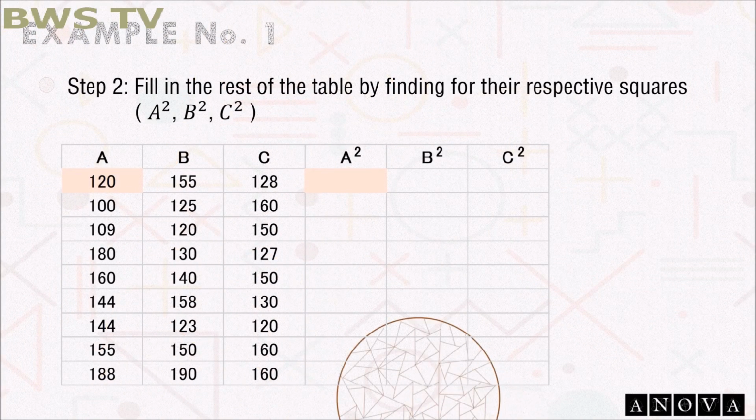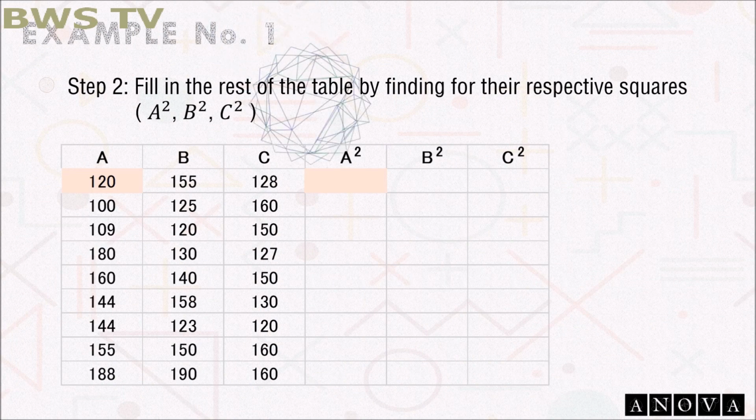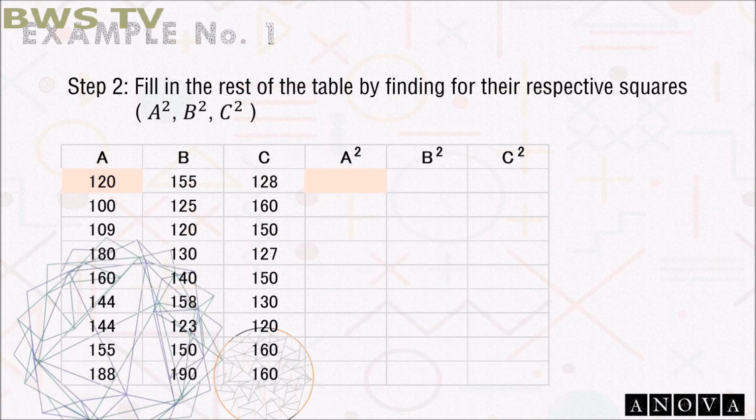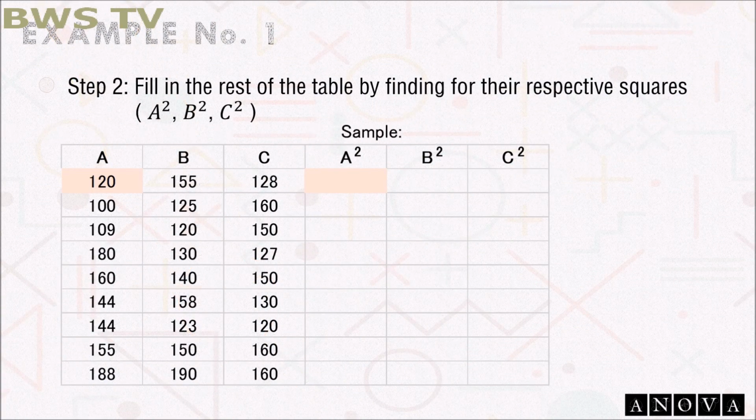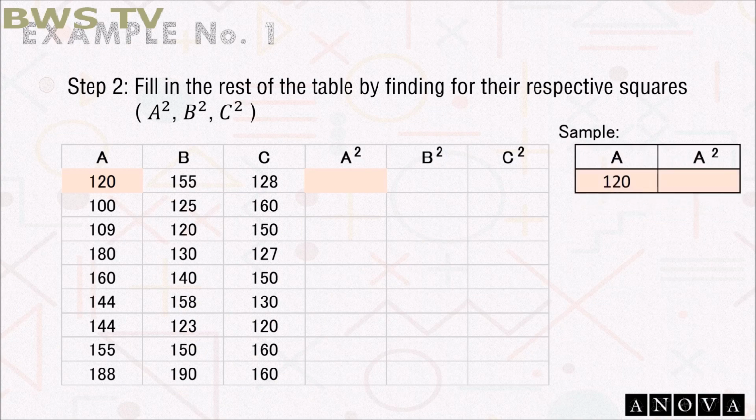Here, for example, we have the first row of A. To fill in the first row of the fourth column, we must find the square of 120. So 120 squared equals 120 times 120.